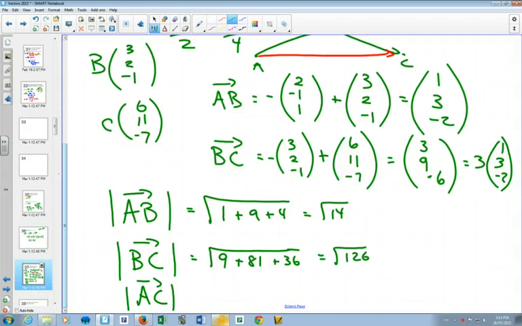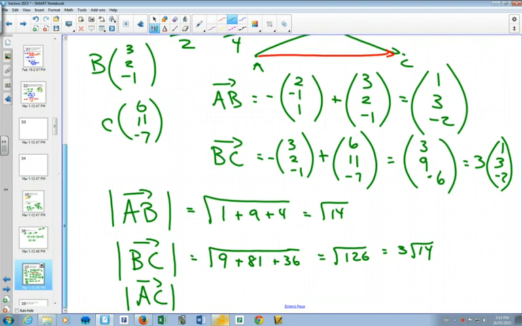And 126 divides nicely by 9, which gives you 3 root 14, which kind of makes sense because this one is 3 times longer than that one.